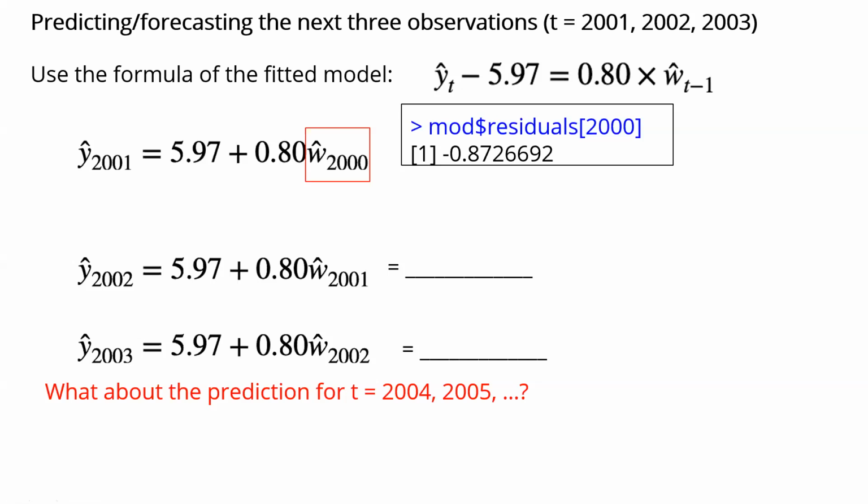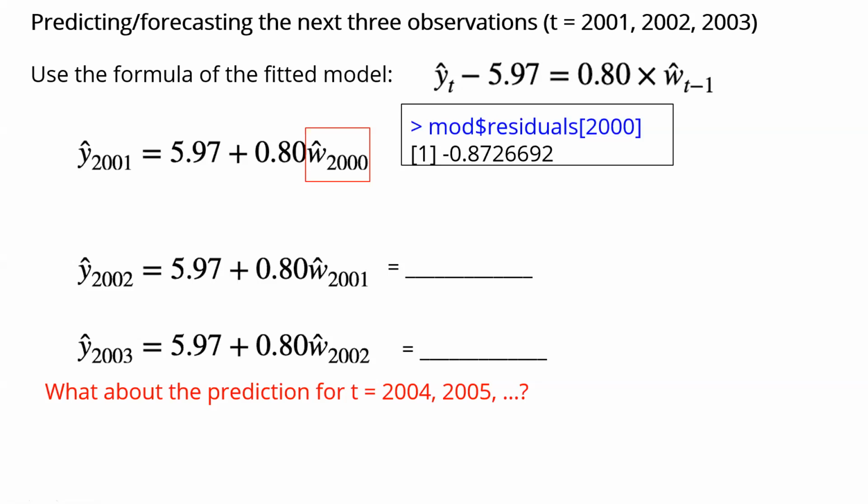When I say 2001, I may be talking about yearly, daily, or weekly. Let me assume that the last data point, which is 2000, falls on Monday. I'm assuming daily sales right now.